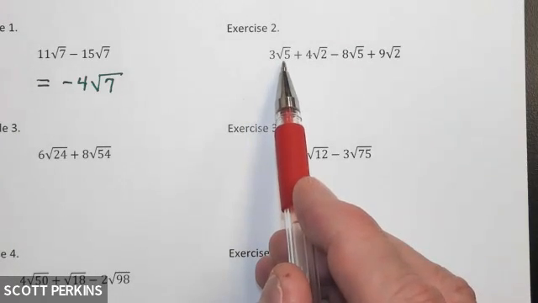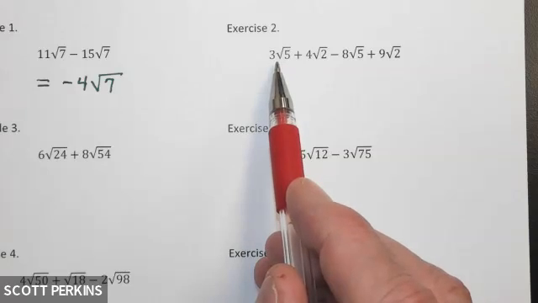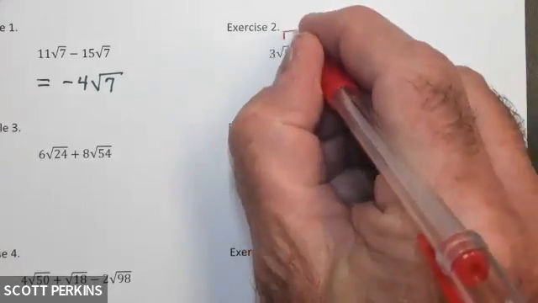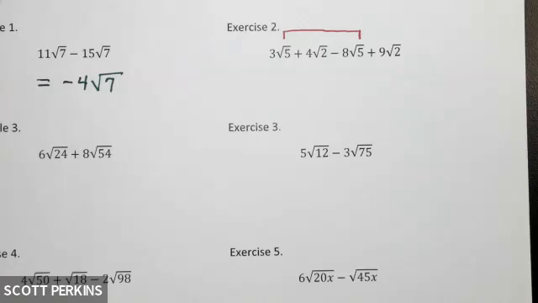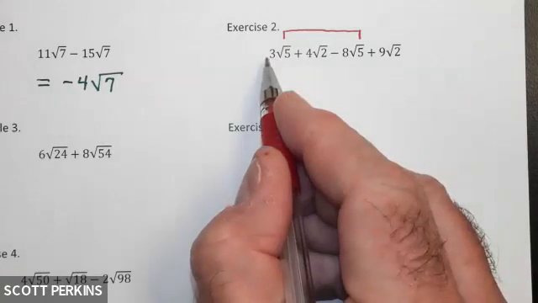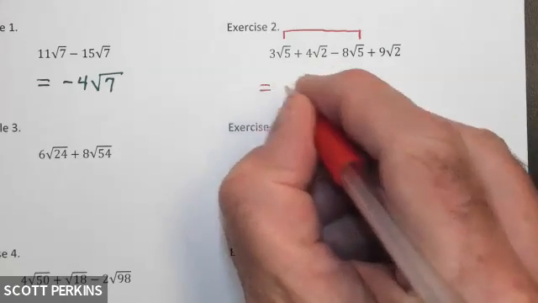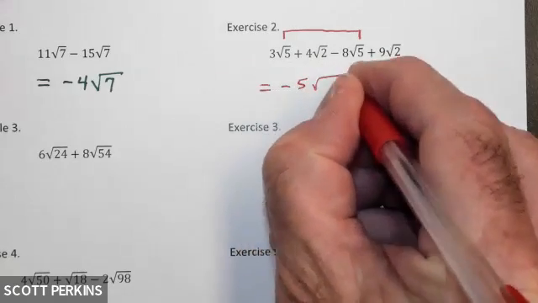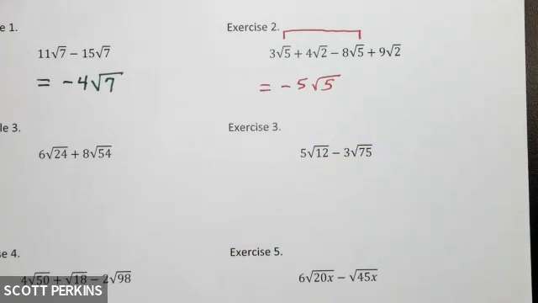So my first term is 3 square root of 5. What can I combine that term with? Yep, so these two are like terms right here, the -8 square root of 5. So if I have 3 of them and subtract 8, then that is -5 square root of 5. Again, I'm not changing the radical at all.